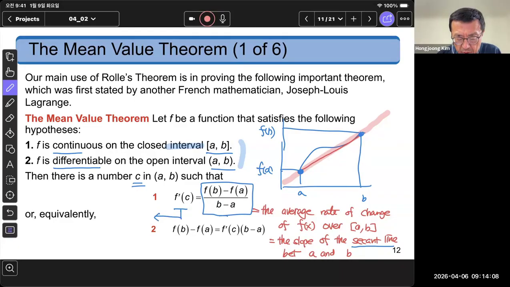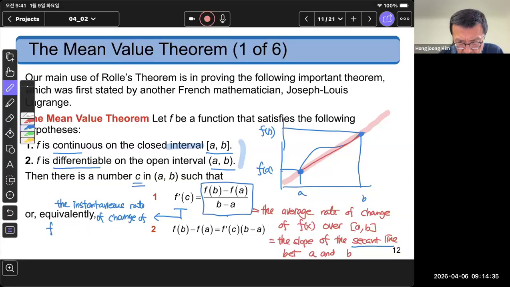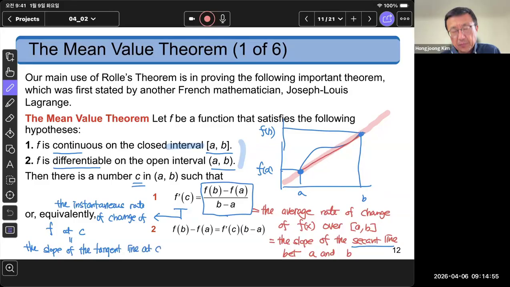That is representing the instantaneous rate of change of this function f at point C, or that was geometrically representing the slope of the tangent line at C, right?